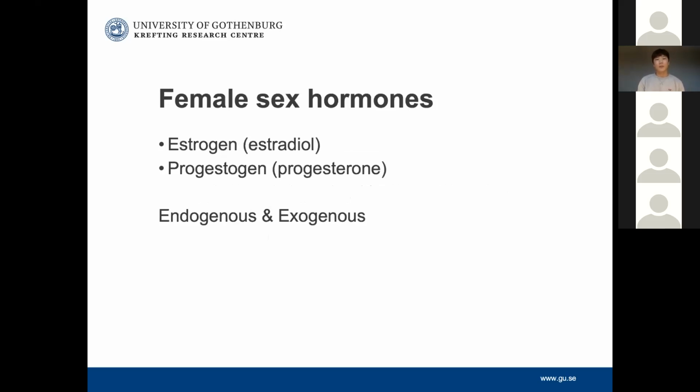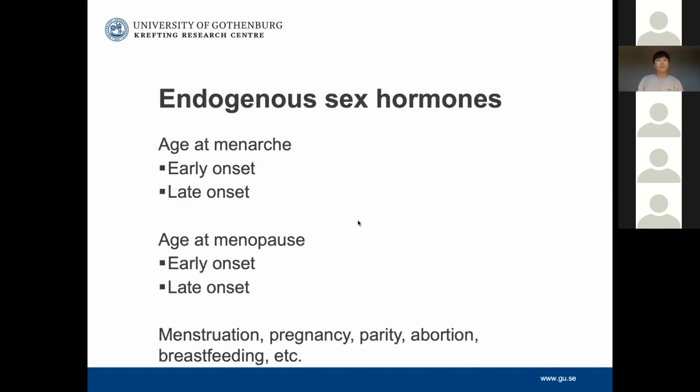For the first, I would like to give brief background information about female sex hormones. The female sex hormones mainly have two types, estrogen and progesterone. We can also divide them by source into endogenous and exogenous. For endogenous sex hormones, we can measure that by the age of menarche or age at menopause.